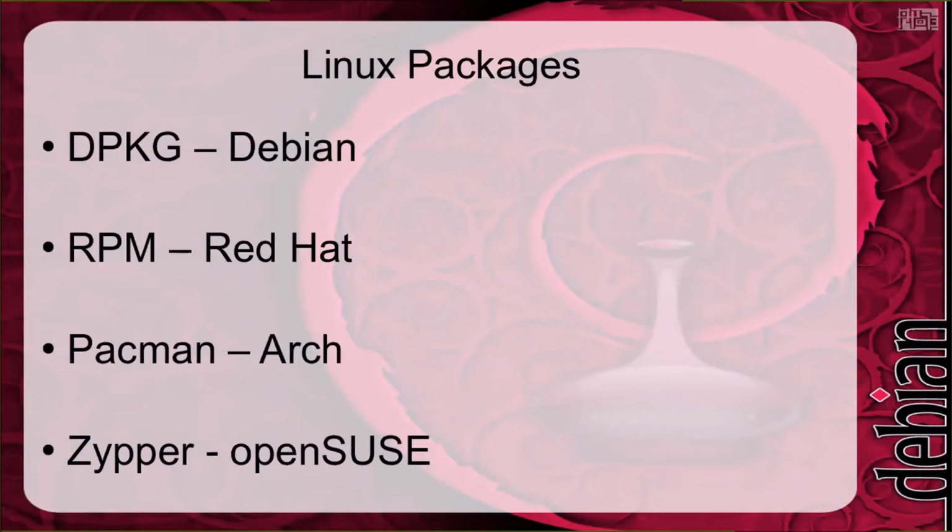And we've got a DPKG package, an RPM, a Pacman, and a zipper. These are specific software packages that have been designed to install software on your computer that goes with certain distributions, such as Debian, Red Hat, Arch, and OpenSUSE.